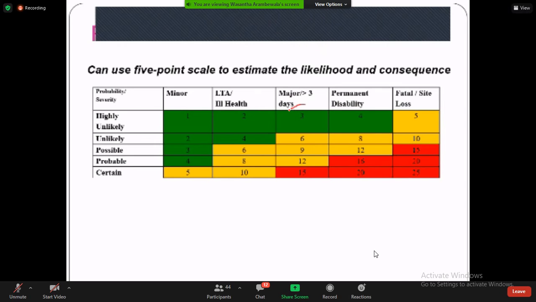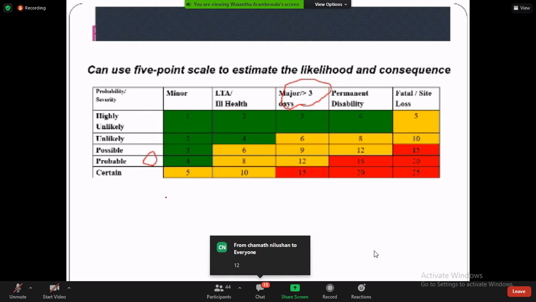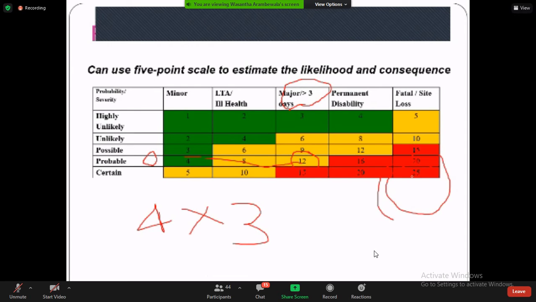Here 3 given. Here we gave 4. So 4 into 3, we can make 4 into 3, that is 12. Here 25 has come. How does 25 come?